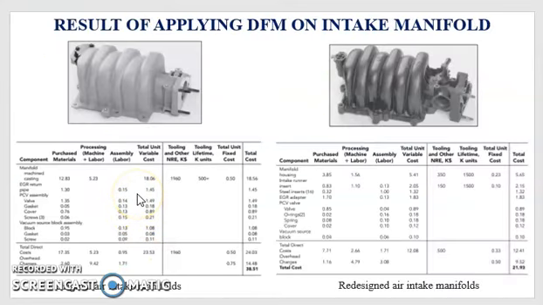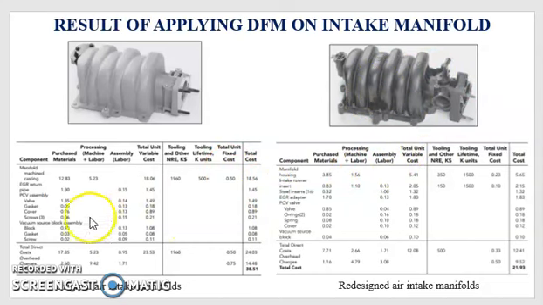Now we will analyze the result of performing DFM, design for manufacturing, on the intake manifold. These images depict a comparison between the original and redesigned air intake manifold. The body of the original manifold is made up of cast aluminum. The redesigned manifold is made of molded thermoplastic composites.